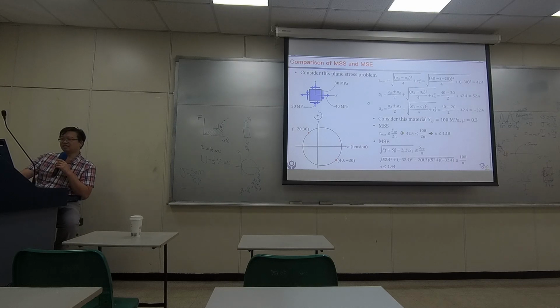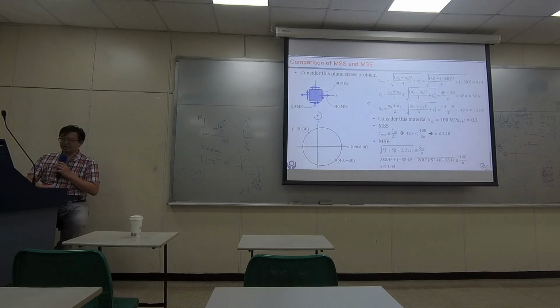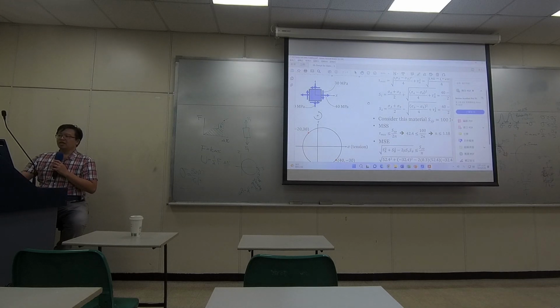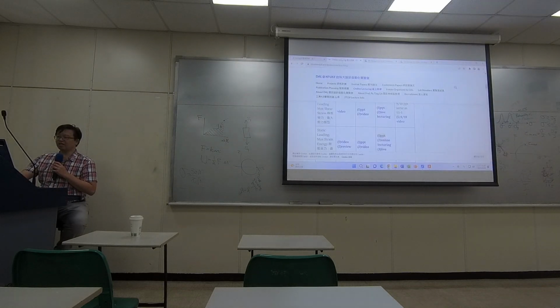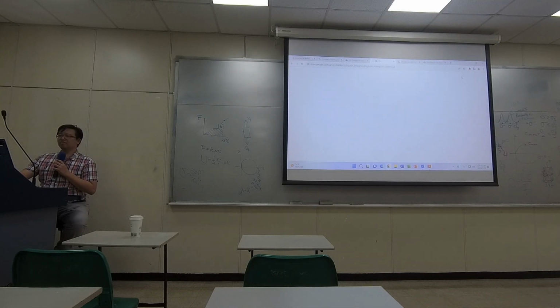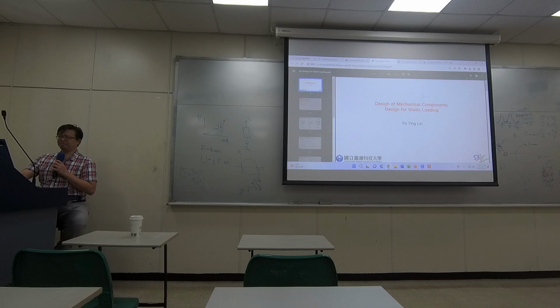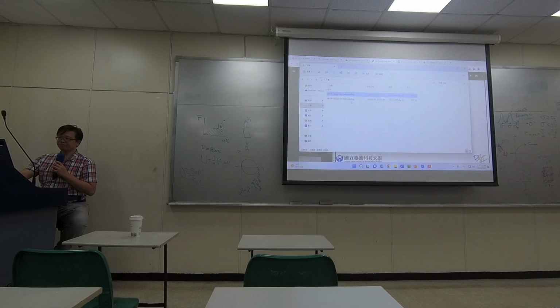Now, that's the final page of this particular slide. In this course, we do have a different model, the so-called maximum distortion energy model. Let me just quickly show you what this is about, but it's going to take some time for me to cover the whole derivation.